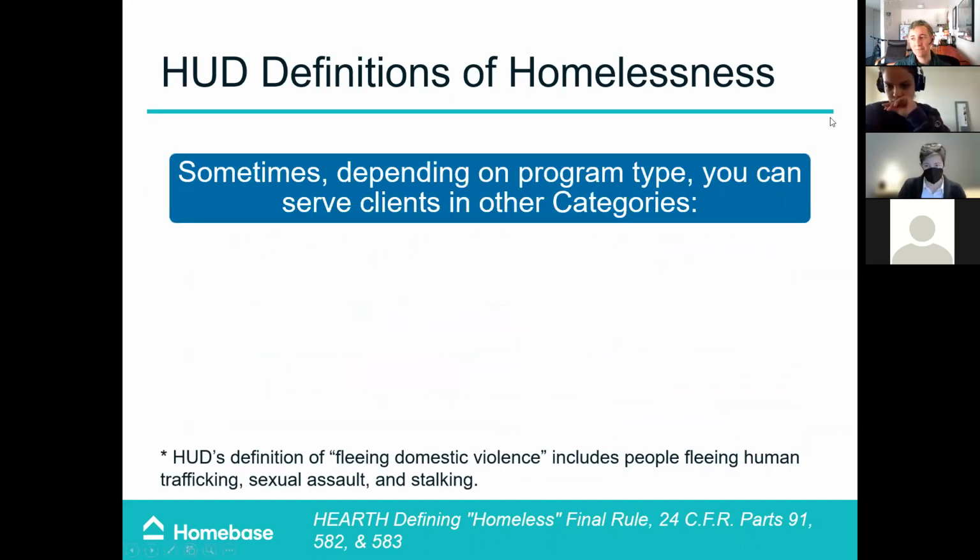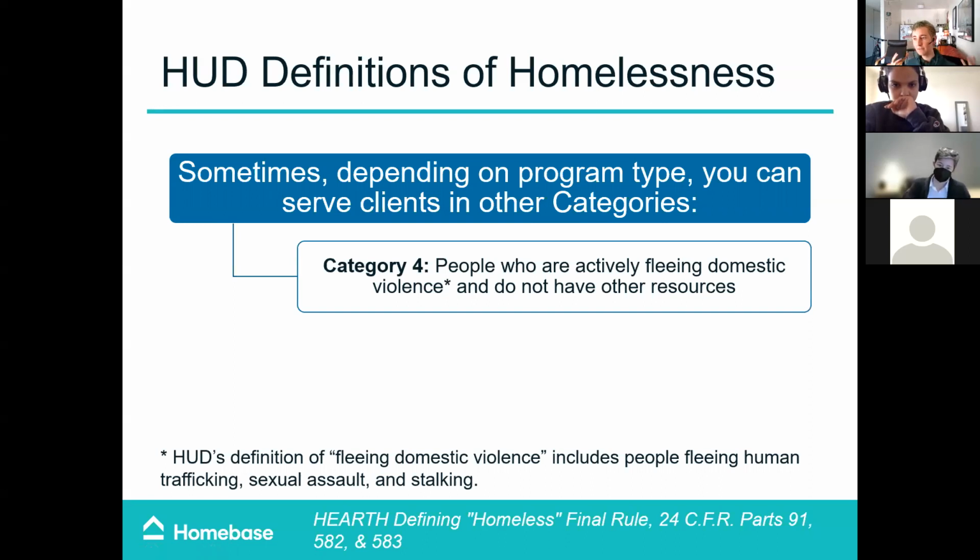But we have some other definitions. So depending on project type, we do see projects serving people in the 2 other categories of the homeless definition. So first, category 4. This includes people who are actively fleeing domestic violence, human trafficking, sexual assault, stalking, basically people who are fleeing violence. There is a specific definition of what it means to be fleeing.